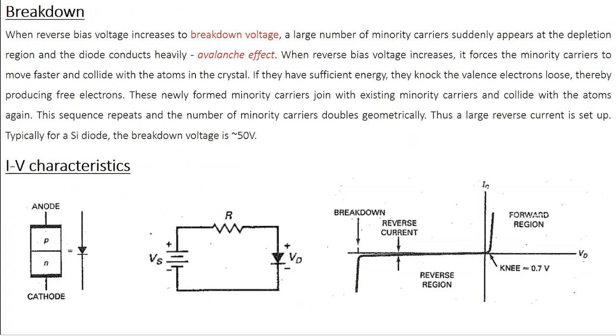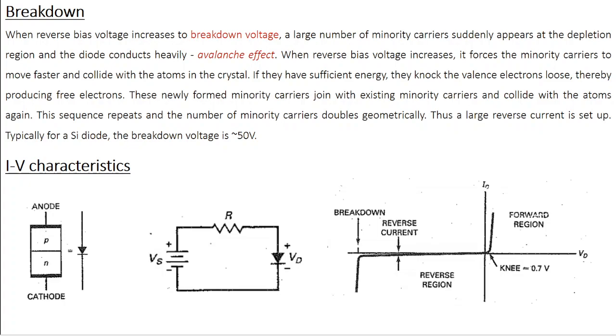When it comes to reverse bias, there is an important effect known as breakdown. So as I said, in the reverse bias, the energy difference between p and n side increases, so there is no current flow due to majority carriers. You only have a very, very weak current due to minority carriers. So suppose you are increasing the reverse bias.